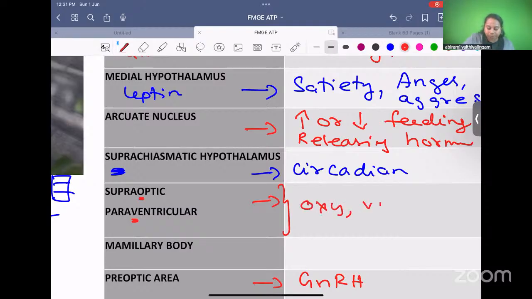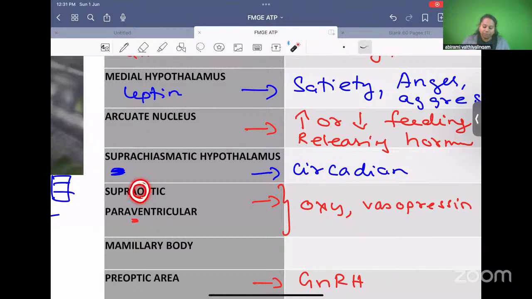But if you measure, there's a small twist. Supraoptic will produce more vasopressin, and paraventricular will produce more oxytocin.